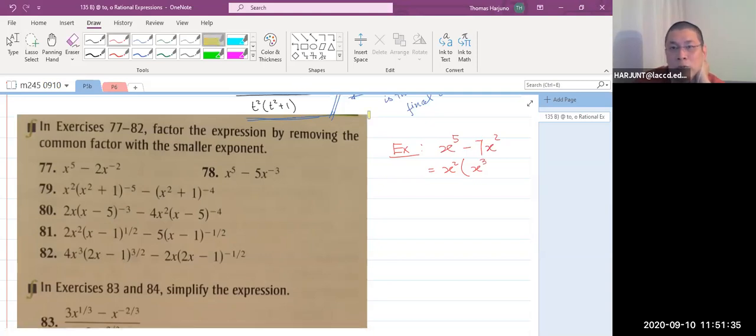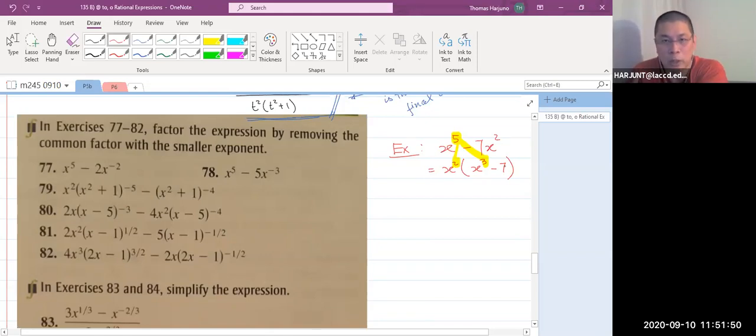Why x to the third? Because 2 plus 3 gives you 5, minus only 7. So we factor the common factor with lowest exponent out, and then the exponent of the terms inside should make up for the exponent we took out.